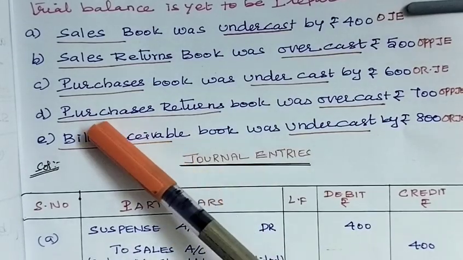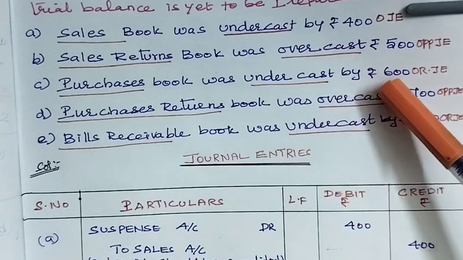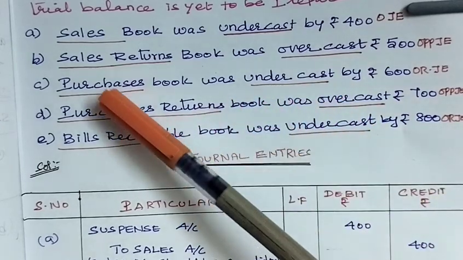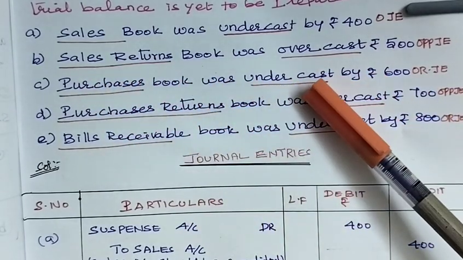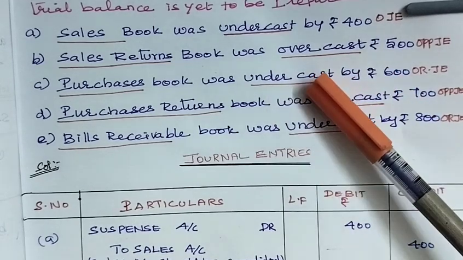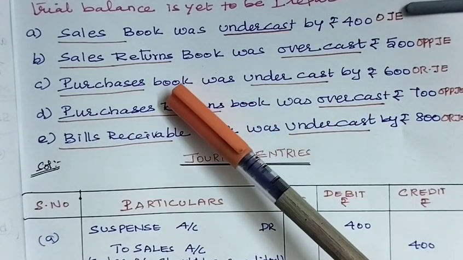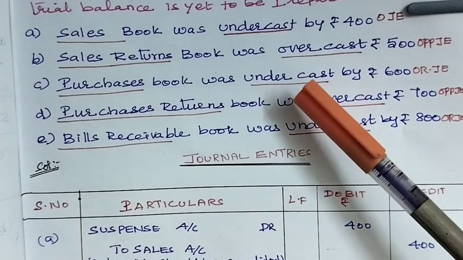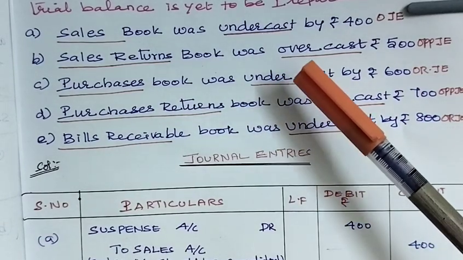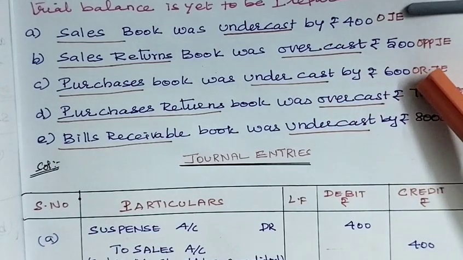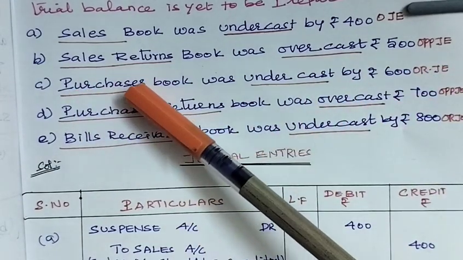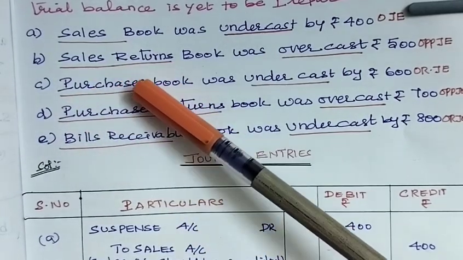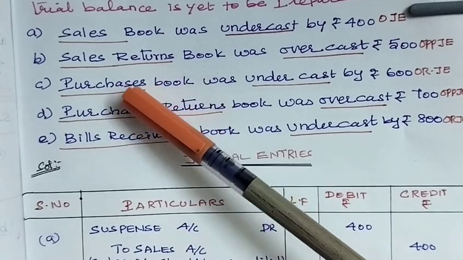The next transaction is purchases book was undercast by rupees 600. The word given here is undercast, so the purchases book shows 600 rupees less. How can you rectify this error? Whenever you see undercast, less, or short, you should follow the original entry. The original entry for the purchases account is debit.